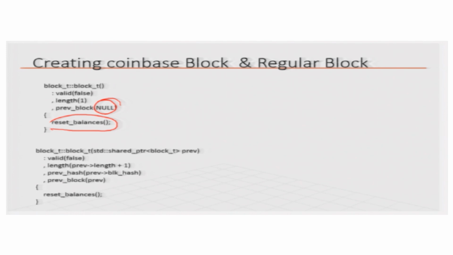For a regular block, you initialize all these data items: the validity is set to false, length is the previous length plus 1, previous hash is the previous block's hash, and previous block is the pointer to the previous one, and you reset balances. After that, with different functions you keep adding transactions to the block.